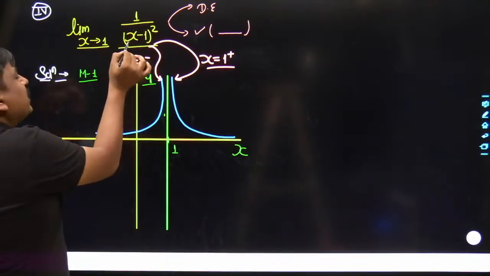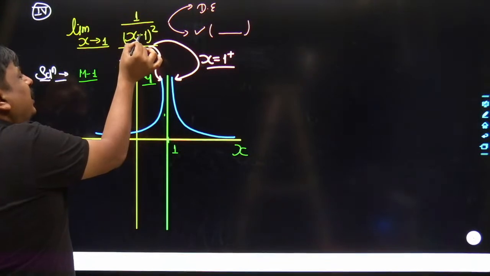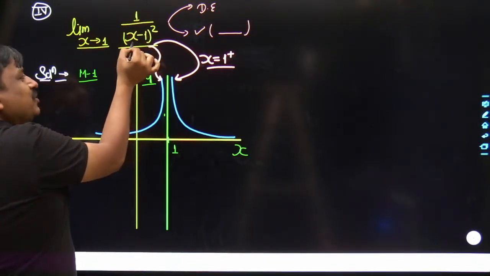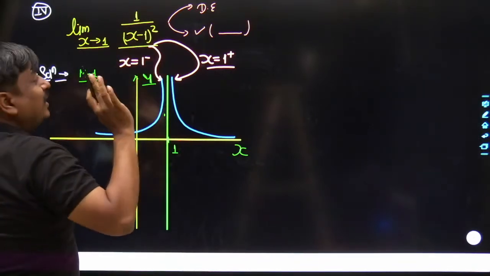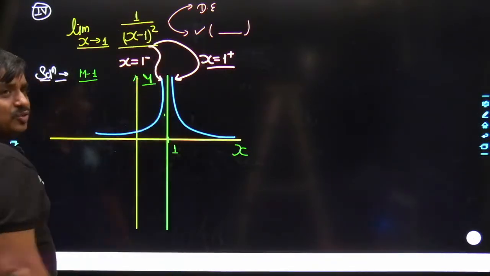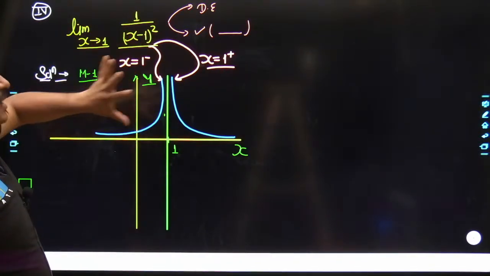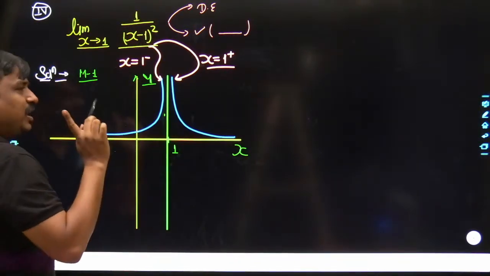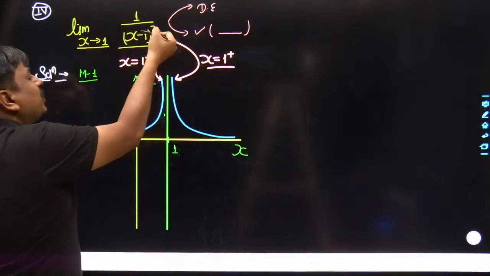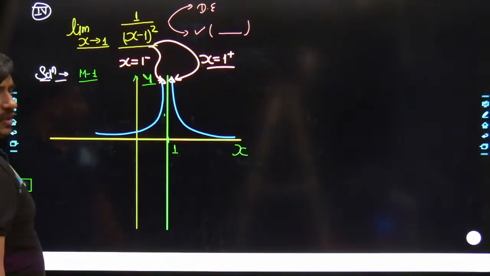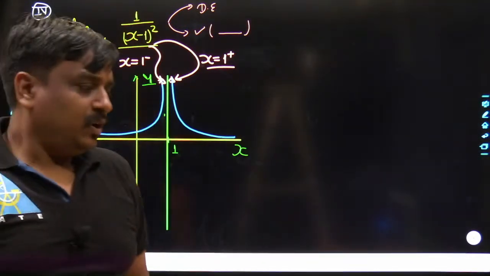Once you feed the value as 0.99999, it becomes almost equal to 0 minus. Obviously the magnitude would be almost 0, but the polarity would be negative. But as we have got the square over here, 0 minus square would become 0 plus itself. Positive, negative, positive. So 1 upon 0 plus would make this plus infinity, and the same case goes with this. Agreed with what I am saying?